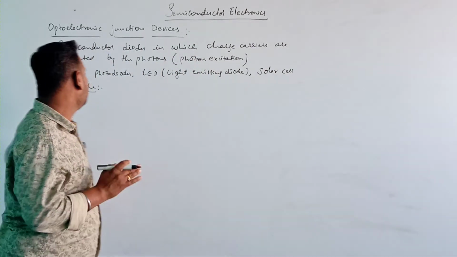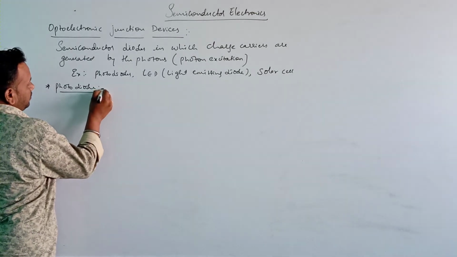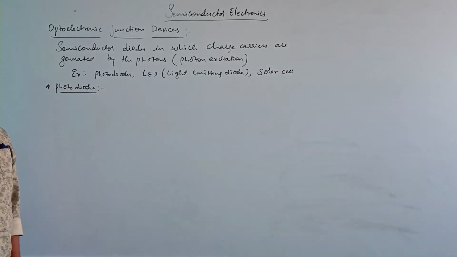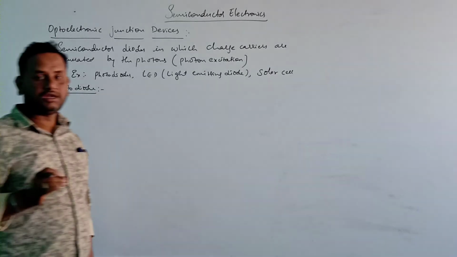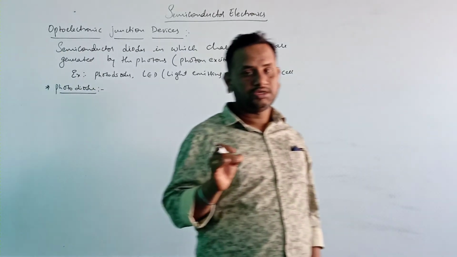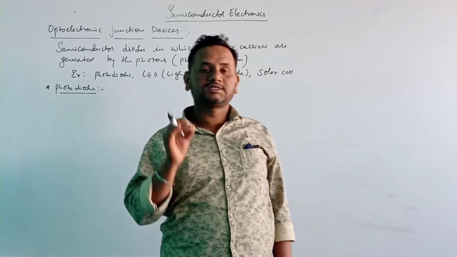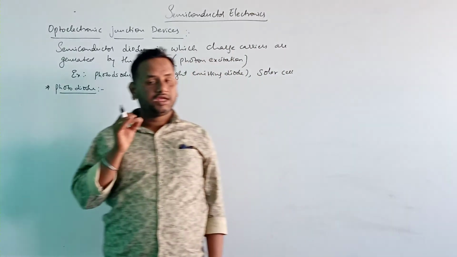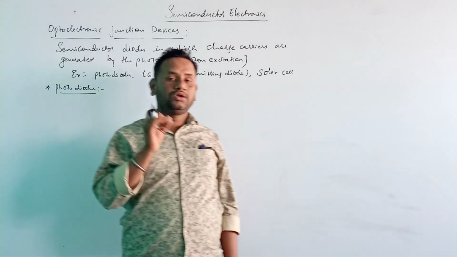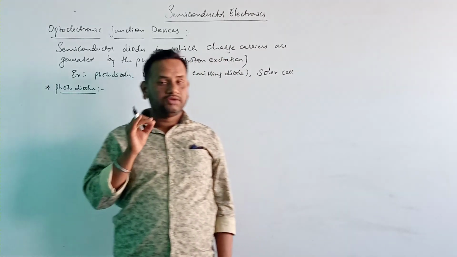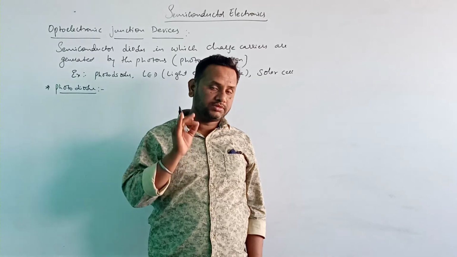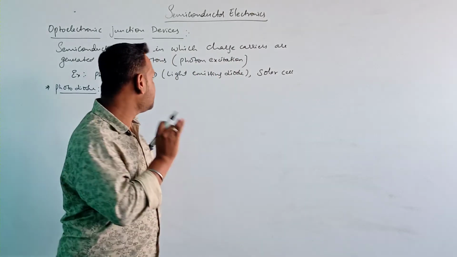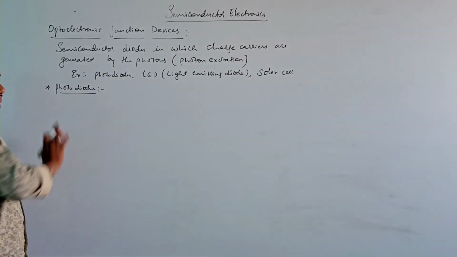Photodiode is a special PN junction diode in which the reverse saturation current increases only when it is illuminated by light. Such a device is called a photodiode.